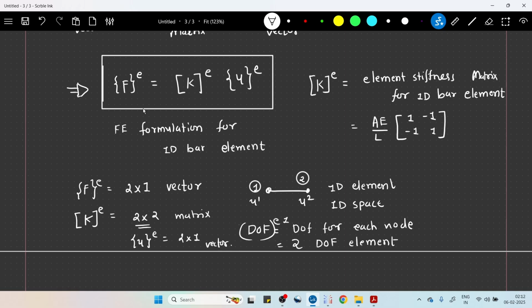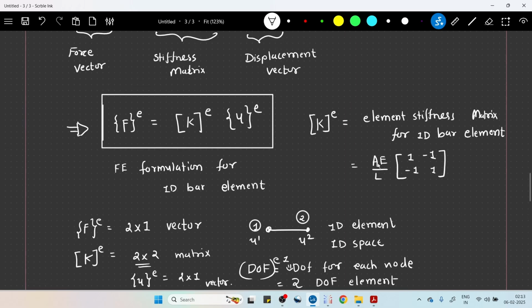So 1 degree of freedom for each node, a 2 degree of freedom element. This is the finite element formulation for a 1D bar element: F is equal to k into u, and k is nothing but A E by L times [1 -1; -1 1], a 2 by 2 matrix.